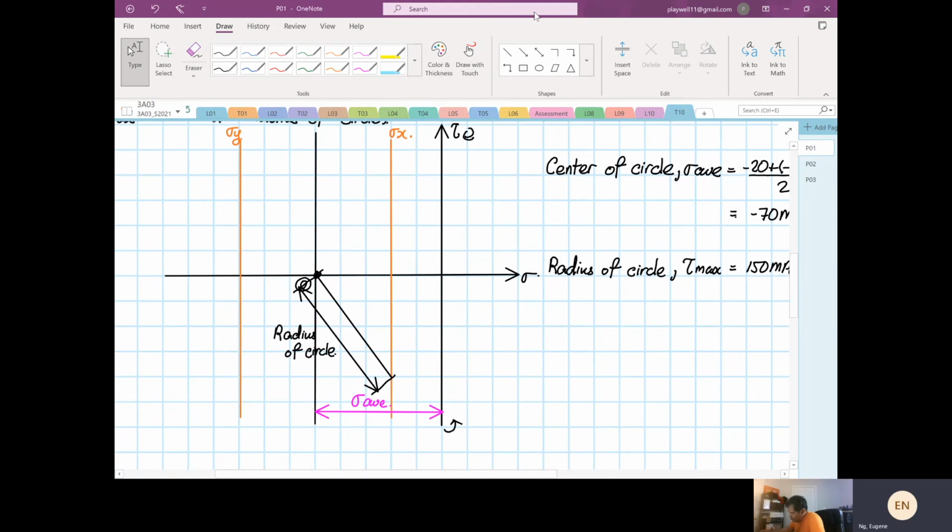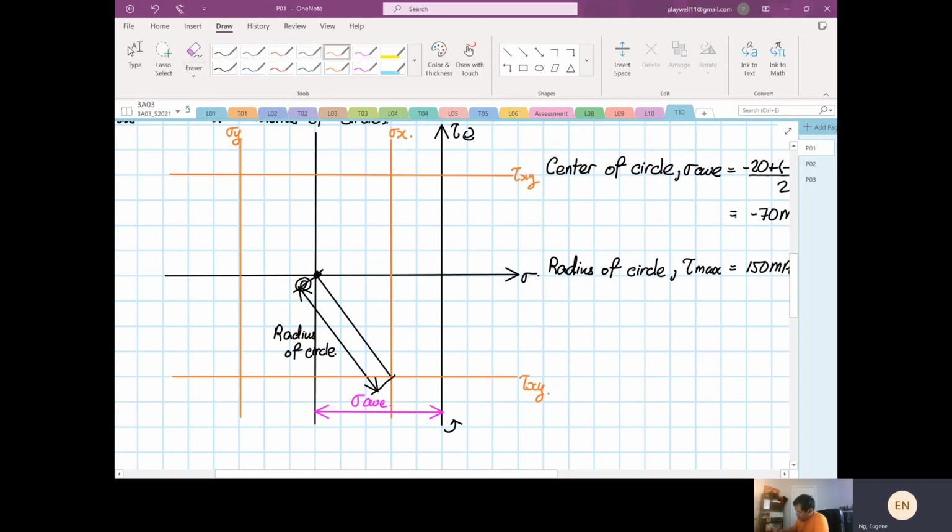So what we need to find out is what this is in shear. We're going to find this in shear. So this is our shear XY line.